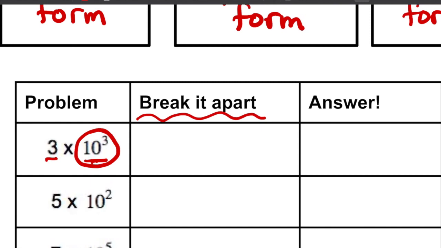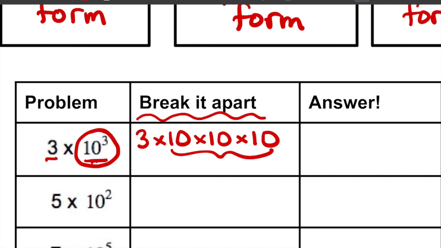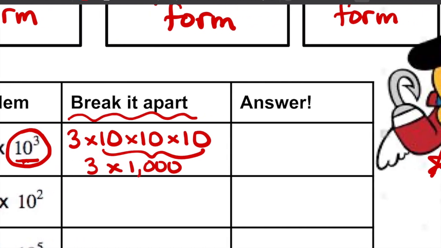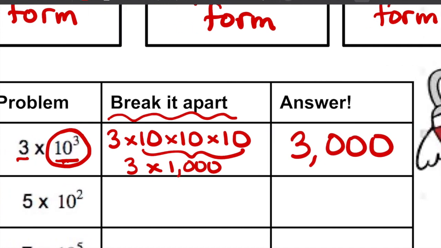So this problem broken up is really 3 times 10 times 10 times 10. And now we know what 10 times 10 times 10 is. It's really just 1,000. So 3 times 1,000 is what? 3,000. So 3 times 10 to the power of 3 equals 3,000. You can put those in your notes.